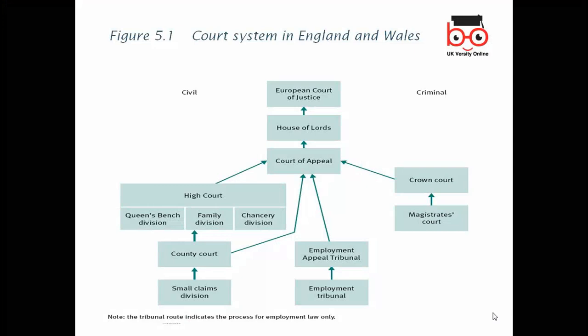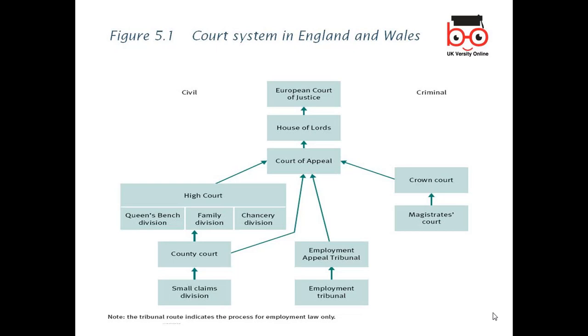Okay, next we're looking at the court system in the UK or EU. So first, civil and criminal. You will see on the left are the civil courts, and on the other side you will see the criminal courts. The European Court of Justice is at the top because it makes the legislation for the whole EU. Then in the UK we have the House of Lords, then the Court of Appeal.